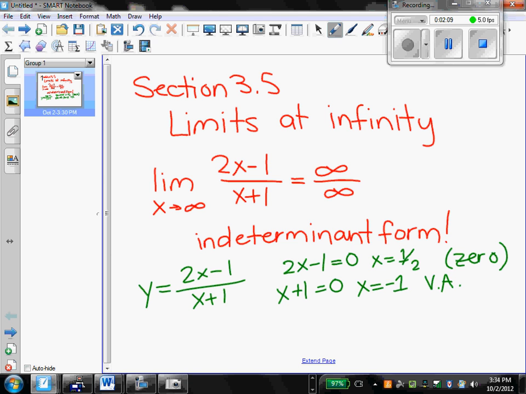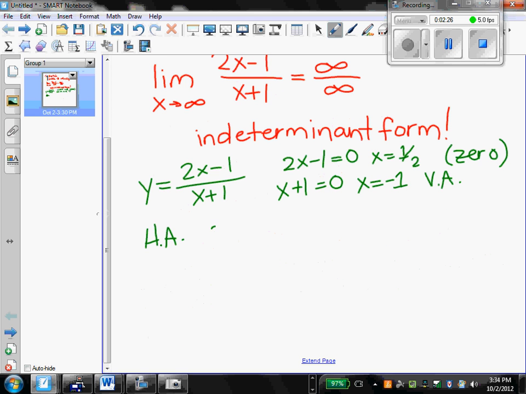And then for our horizontal asymptotes, we look at the degrees. In this case, both of them are degree 1, so you take leading coefficient divided by leading coefficient. To find horizontal asymptotes, you're going to have 3 different cases.